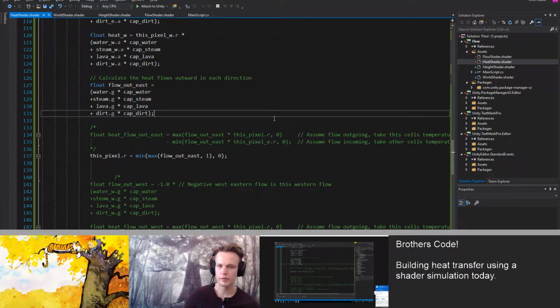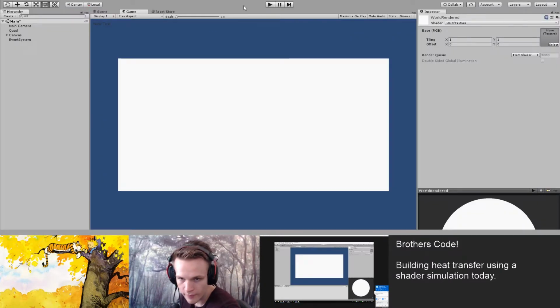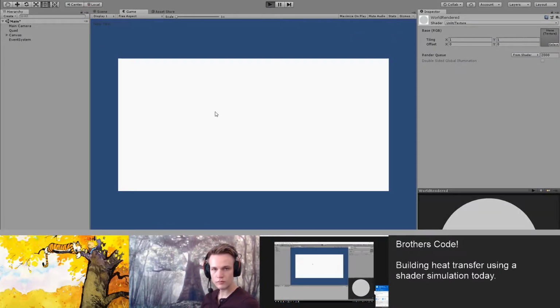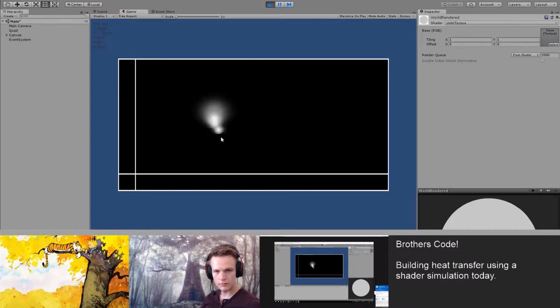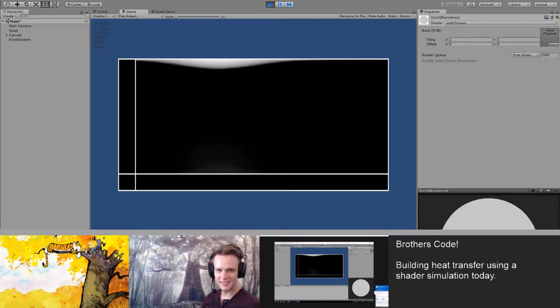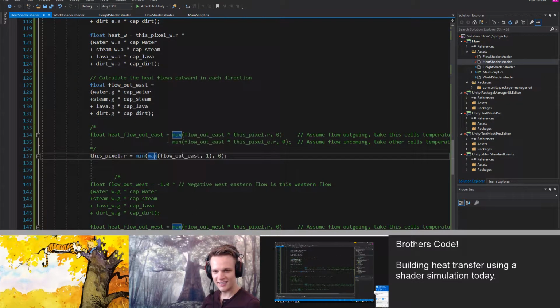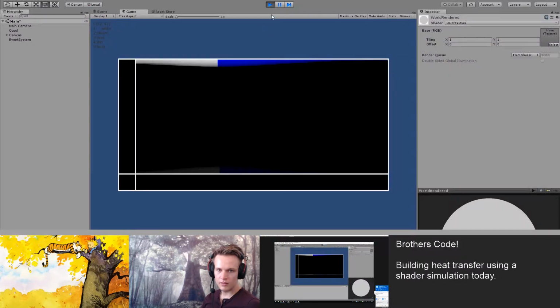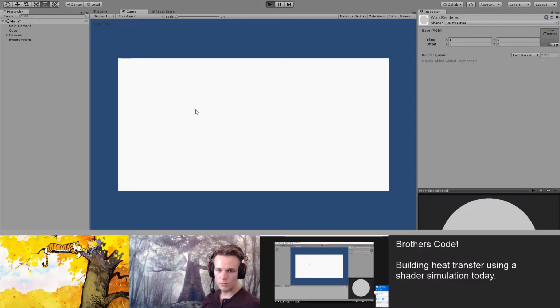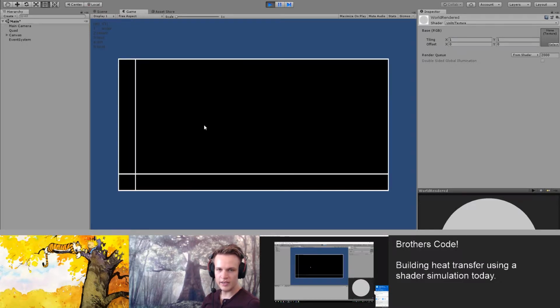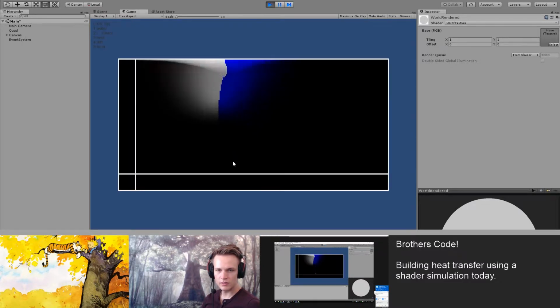Oh, right, got it. So this should give something more sensible, because it's maxed at 1. The max of that will always be 1. Wait, isn't it negative?